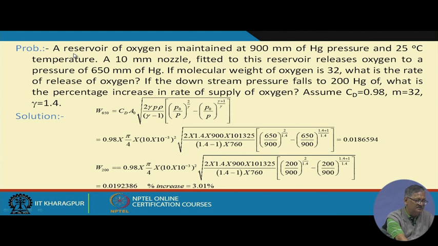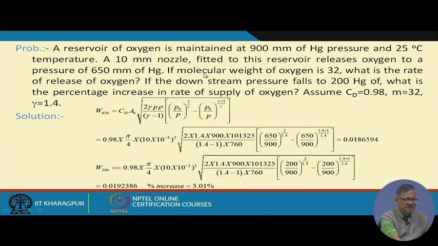a reservoir of oxygen is maintained at 900 millimeter of mercury pressure and 25 degree centigrade temperature. A 10 millimeter nozzle fitted to this reservoir releases oxygen to a pressure of 650 millimeter of mercury.